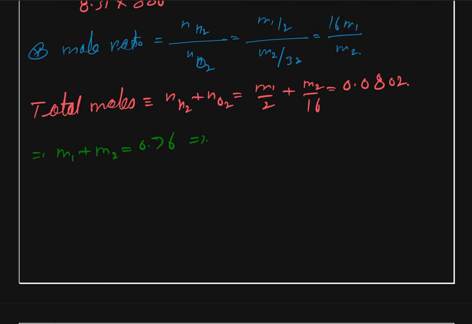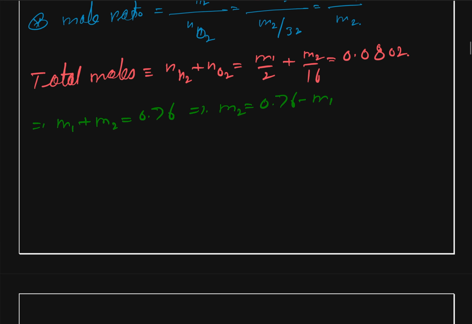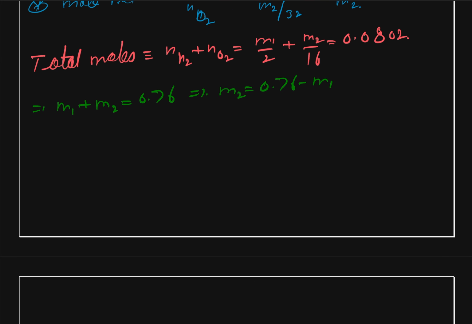So from here M2 will be equal to 0.76 minus M1, and therefore we can write the equation M1 by 2 plus (0.76 minus M1) upon 32 is equal to 0.0802.